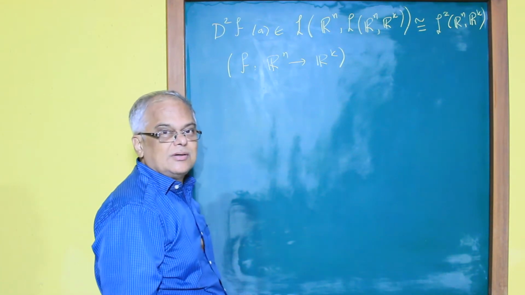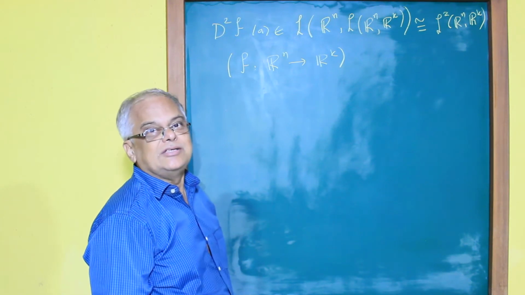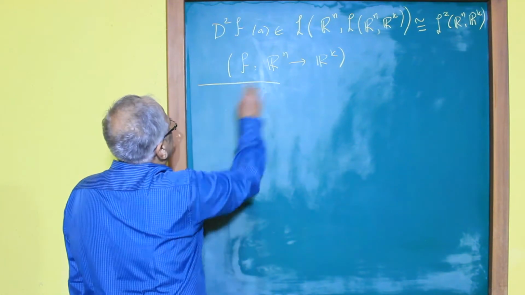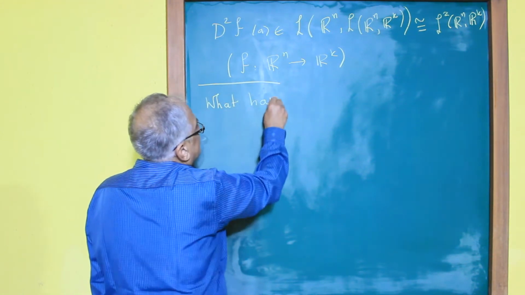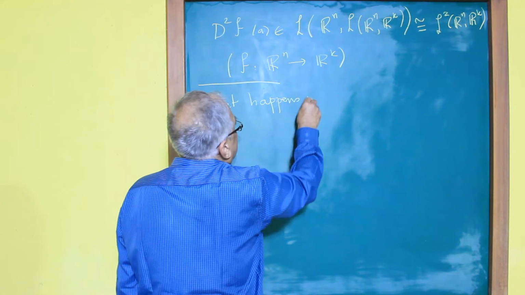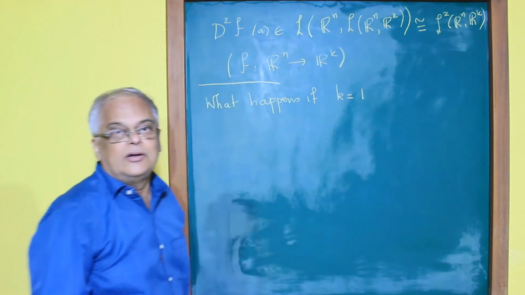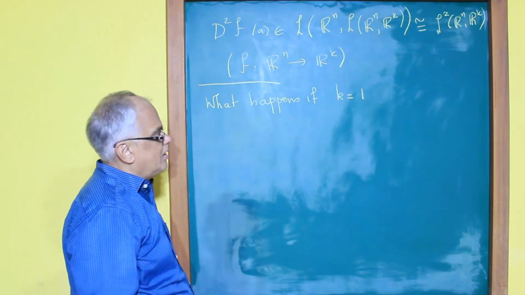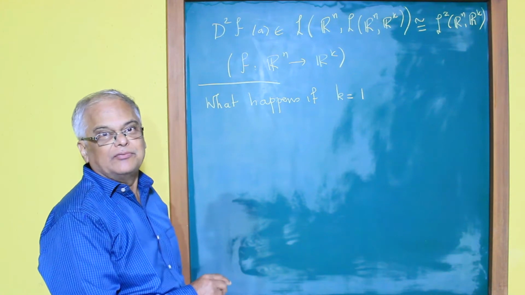So what does this particularly mean in the case when k is equal to 1? First of all, what happens in the case of the first derivative?